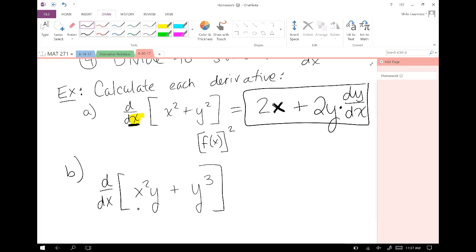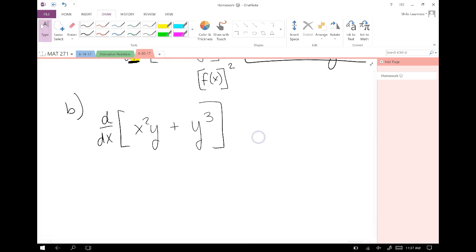Okay? Y is a function of x. Anytime you see multiplication between variables, you're going to do product rule. So we're going to do the derivative of the first piece, which is what?